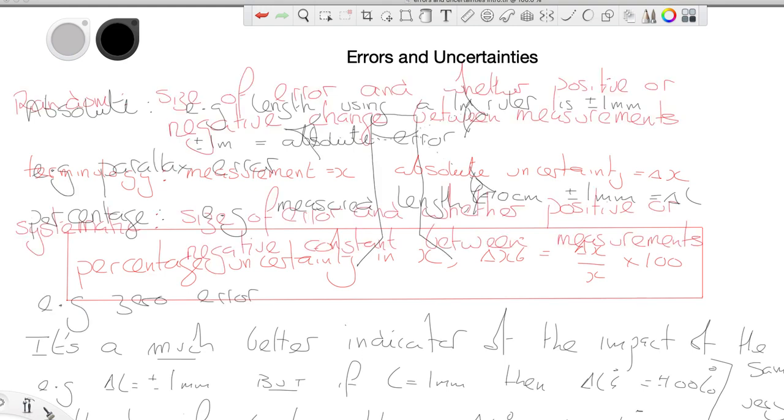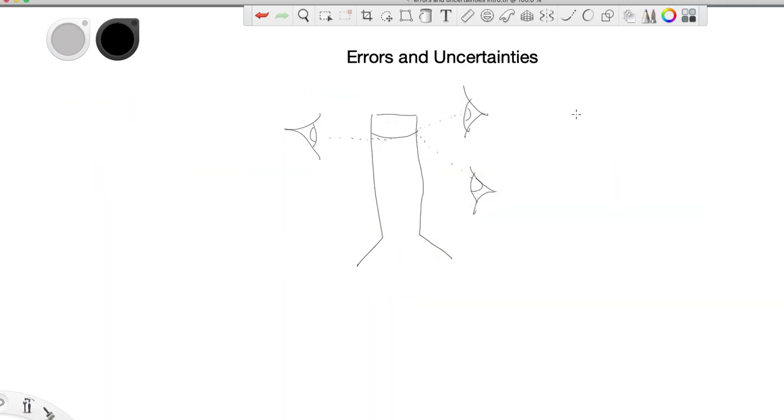You have a ruler and you're going to measure the length of something using that ruler. Well, your ruler is marked in millimeters and you can read to half a scale division over here, so that's almost on that one and that is almost on that one. So you have plus or minus half a millimeter either end, and so you would have plus or minus 1 millimeter in your length.